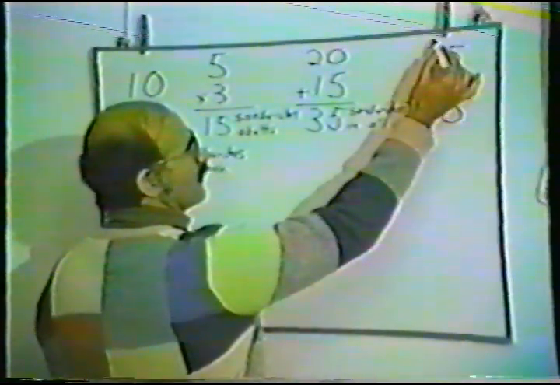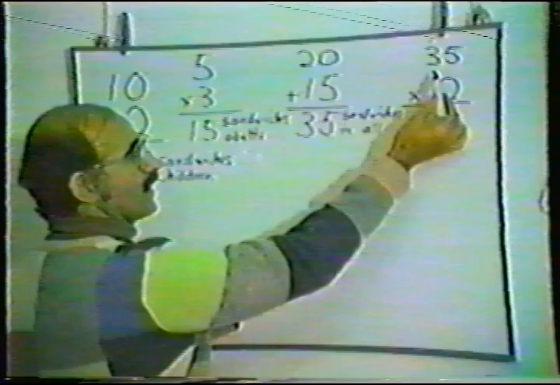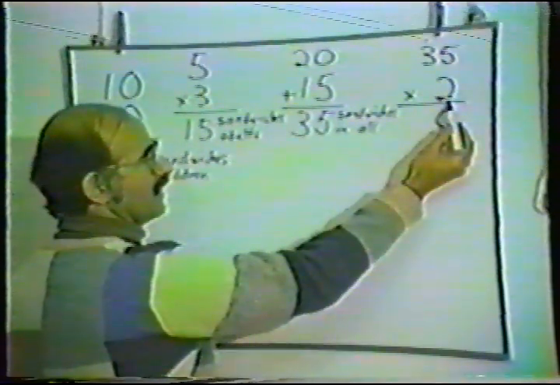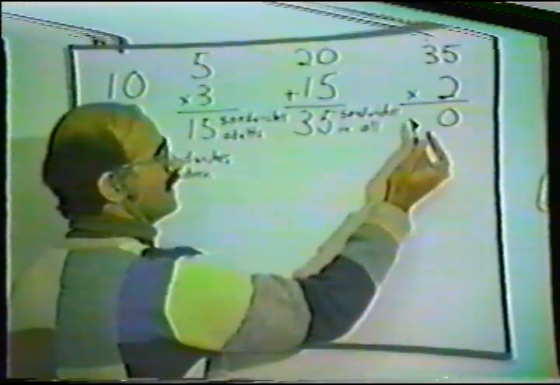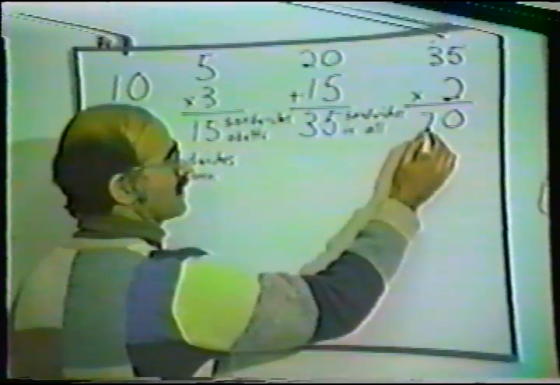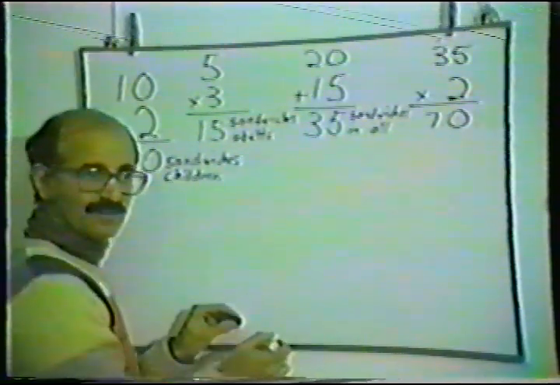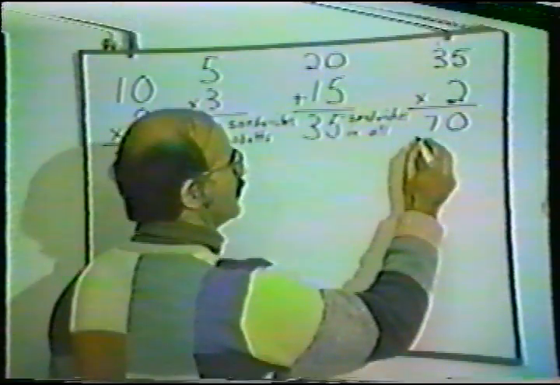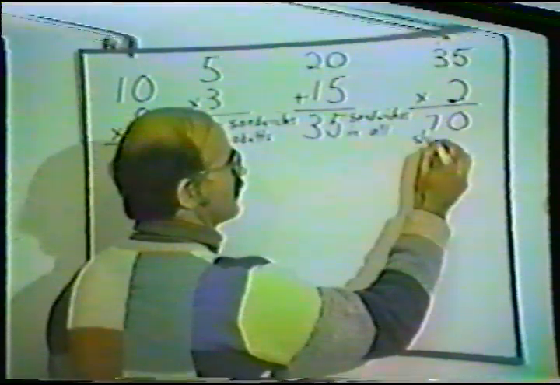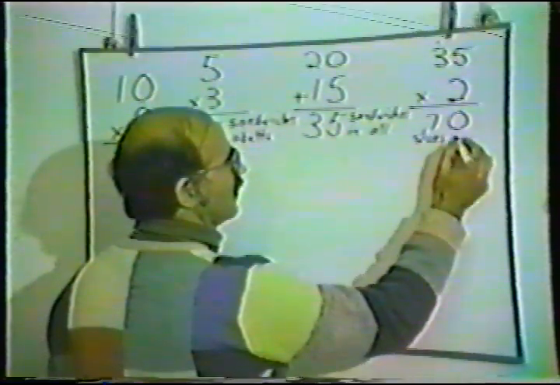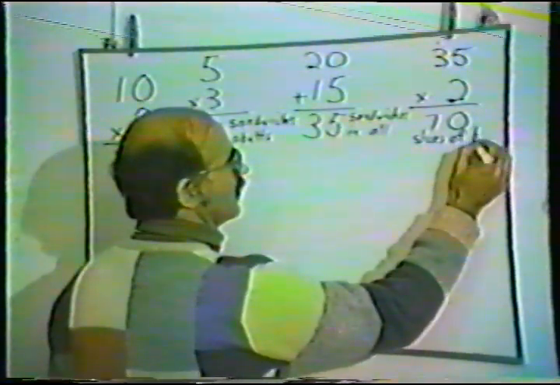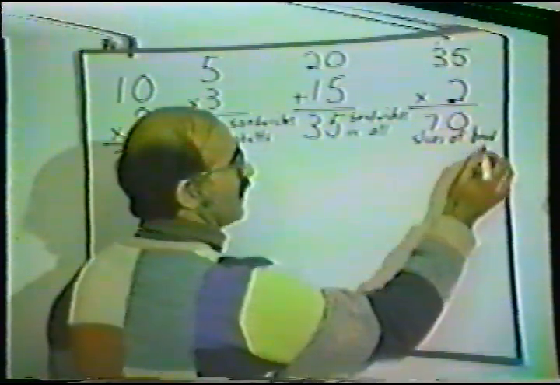Put down the 0, carry the 1. 3 times 2 is? 6. Plus 1 is? 7. 70. 70 what? Pieces of bread. Pieces or slices. They both mean the same thing. Slices of bread.